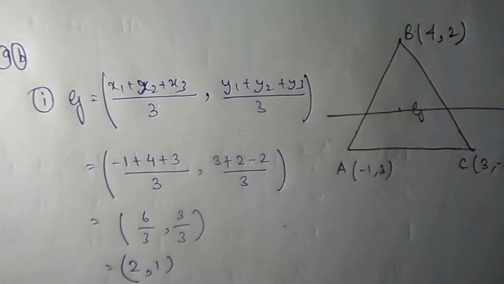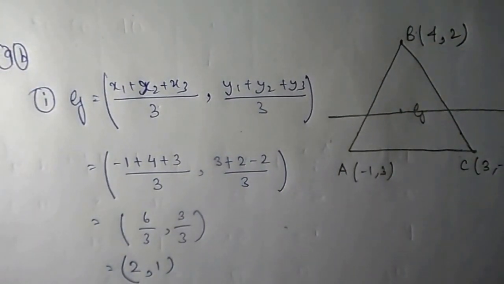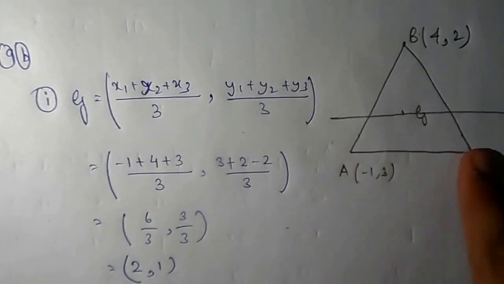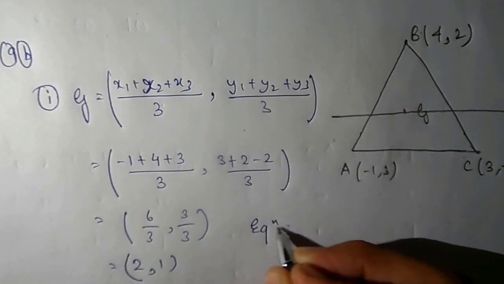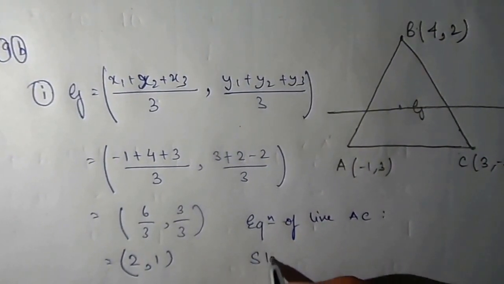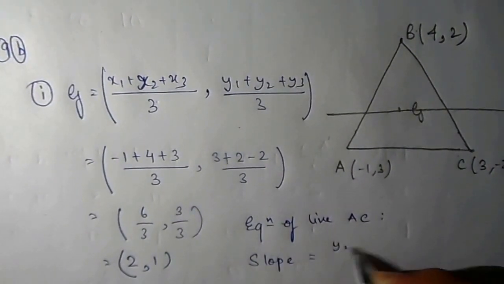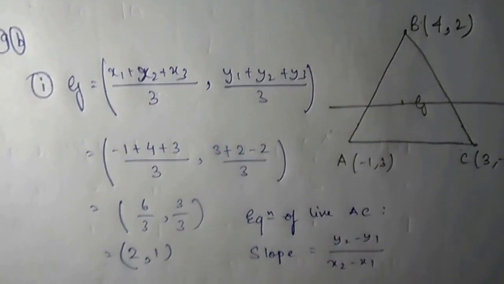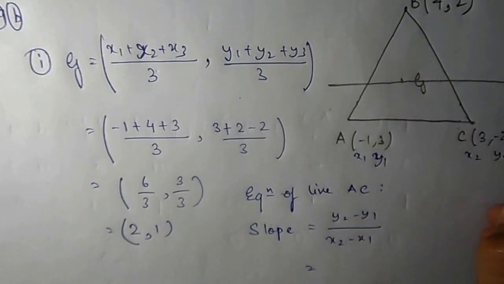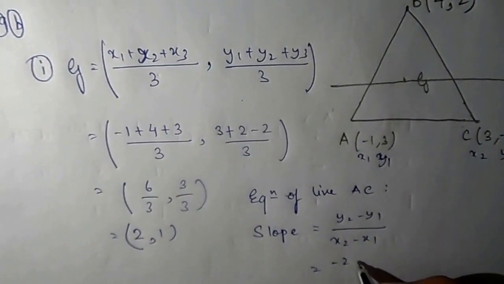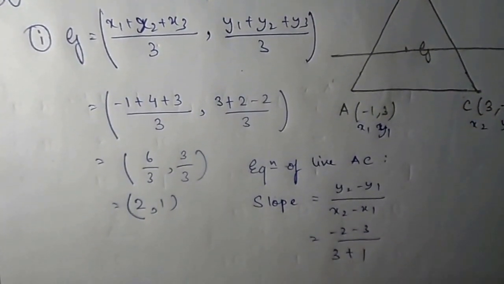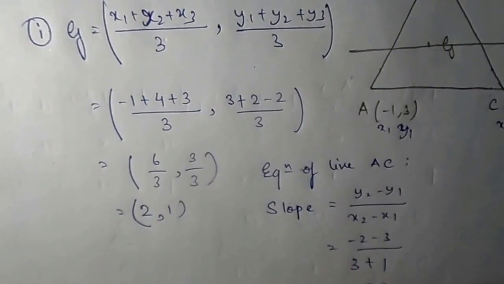This can be a little long, so we will first find the slope of AC, which equals (y2 - y1)/(x2 - x1). Let's keep it x1, y1 and x2, y2. y2 is -2, y1 is 3, x2 is 3 and x1 is -1. So this will be -5/4.